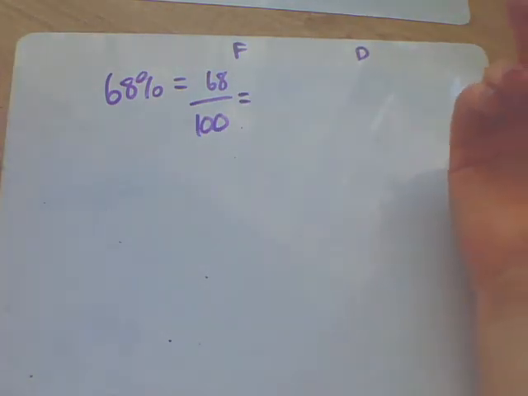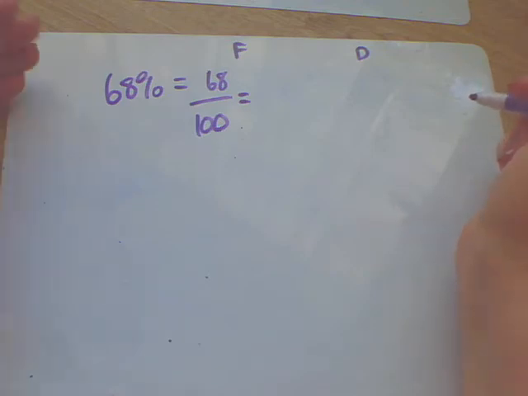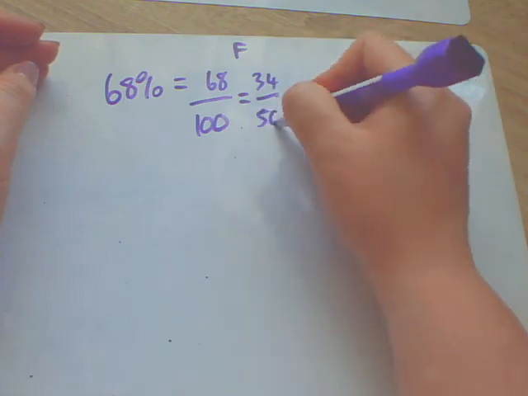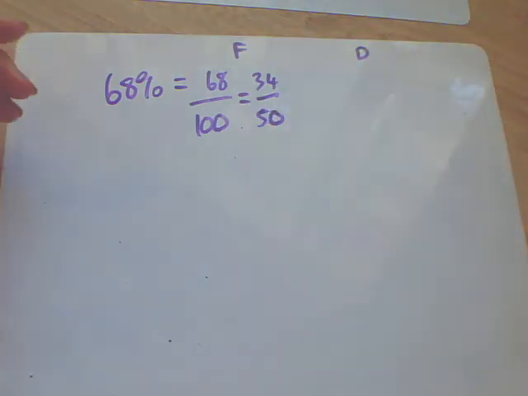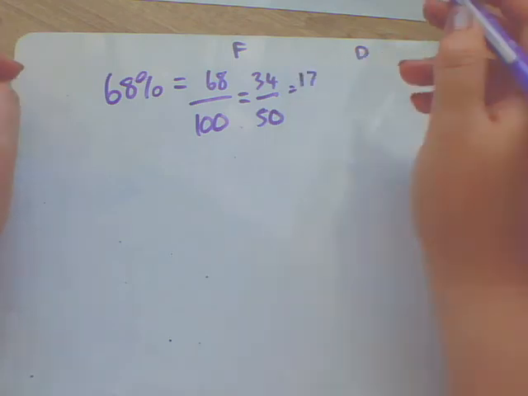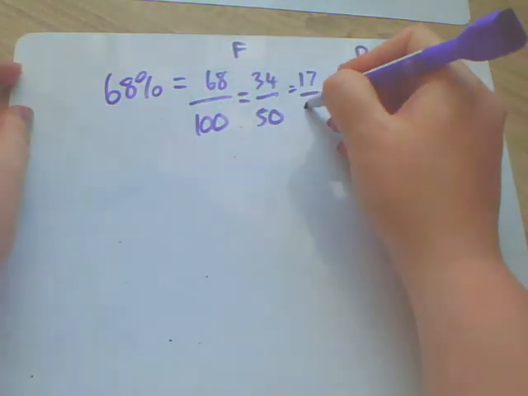So, what could I divide into both of those? Well, 2's would fit in straight away, they're both even. So I could get down to 34 out of 50. Okay, so if you're not sure what numbers go in, start with 2's. They're both even again, so let's try 2's again. So that's going to take me down to 17 out of 25.